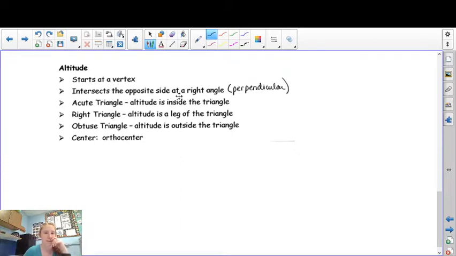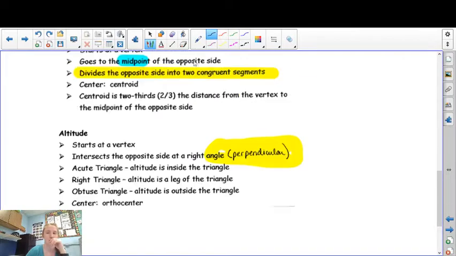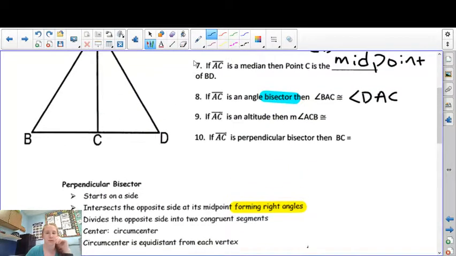An altitude starts at a vertex, intersects the opposite side at a right angle, creating something that we like to call perpendicular. Perpendicular means what? Right angle is good. So then if it's an altitude, then the measure of ACB is 90 degrees.